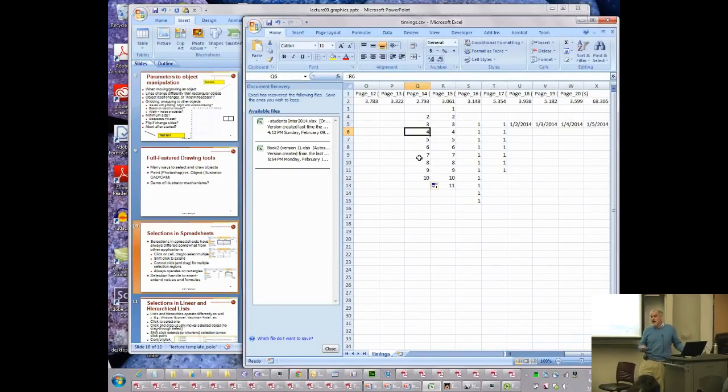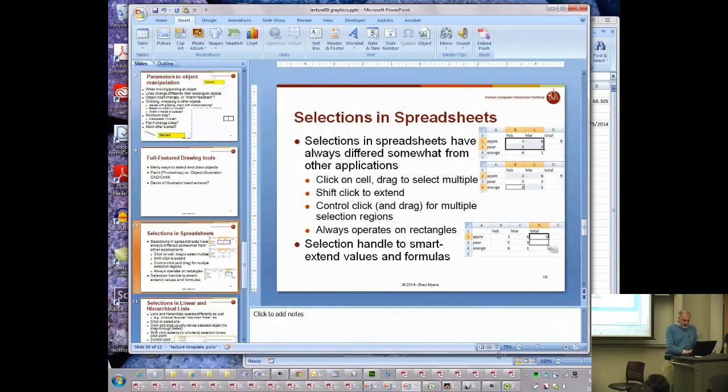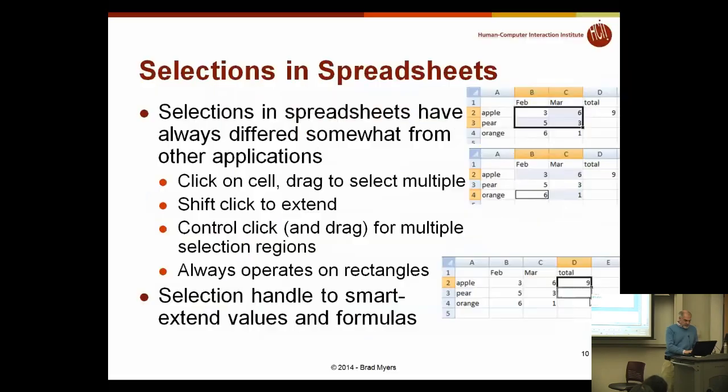Whereas if I just put the same value in all the cells, then all of them would refer to the 2 rather than to the corresponding cells. So this handle thing is really useful, and it tries to be intelligent based on whatever you start the selection on as you're dragging it through. So that's something everybody should really know about.